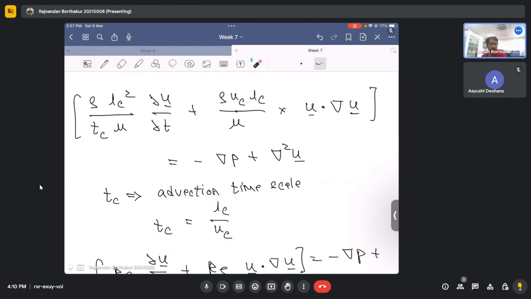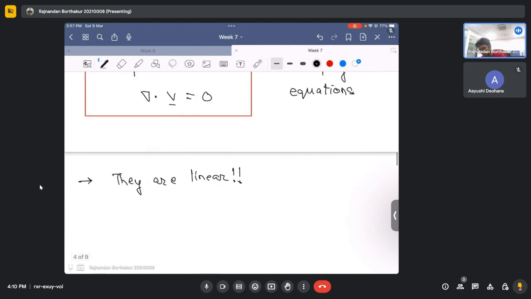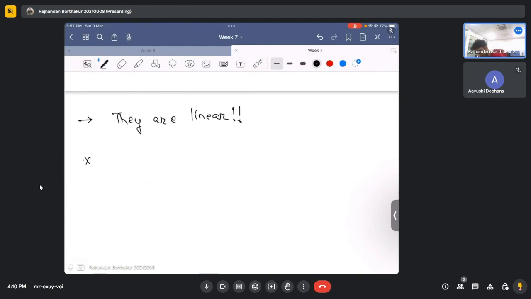Let's say now we have a time scale which is an inherent time scale. This has nothing to do with creeping flows, but I just want to show it here. If TC, instead of being LC by UC, is just some prescribed value, then let's see what we get.